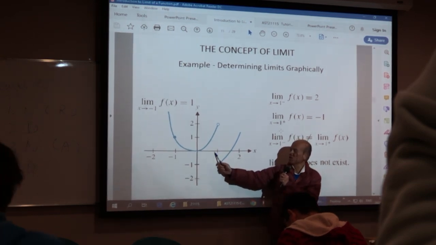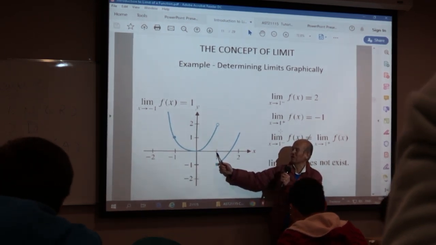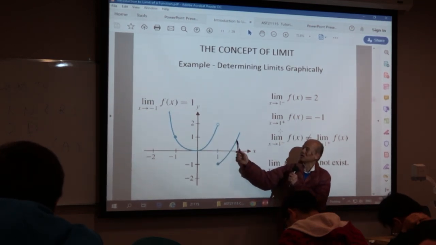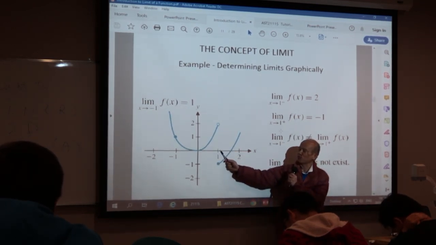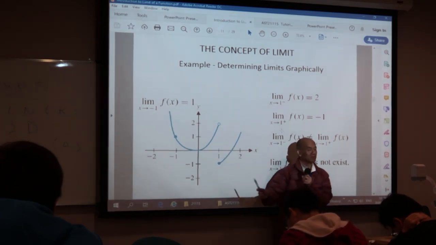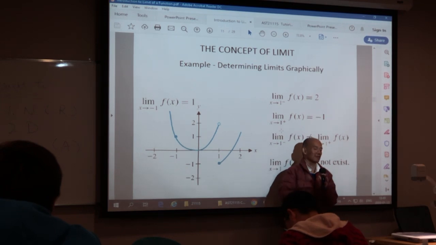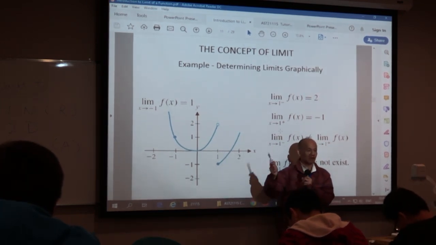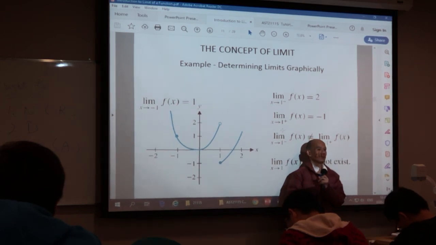For the left hand side, x approaches 1 from the left, the limit is 2. From the right hand side, the limit as x approaches 1 from the right, the limit is minus 1. Both sides have a limit, but their limits are not the same. So the limit as x approaches 1 does not exist. Okay?